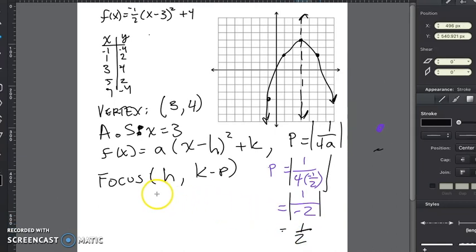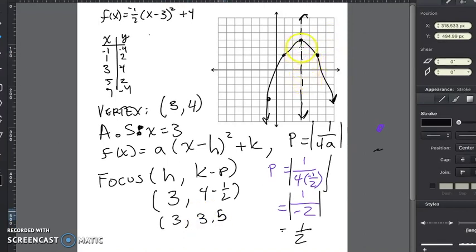And if we do that, our focus is going to be h, which is 3 again. This part right here is 3 in our equation. And then k is 4. And we're going to subtract 1/2 from that. So our focus is going to be 3 and then 3.5. I'm going to call that 3.5.